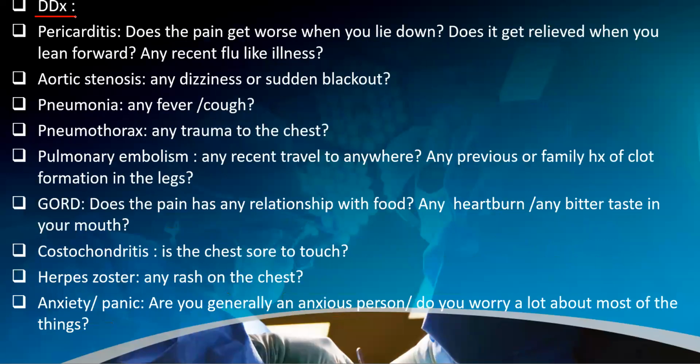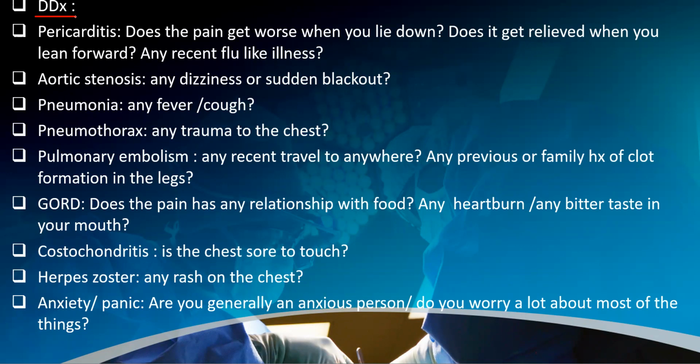Now come to the differential diagnosis. For the differential diagnosis, start with the severe causes. So you have pericarditis and aortic stenosis. For pericarditis, the question that we ask is, does the pain get worse when you lie down? Does it get better when you lean forward? Any recent flu-like illness?